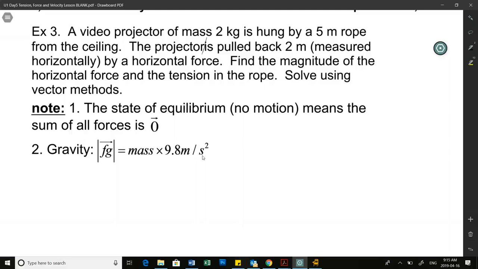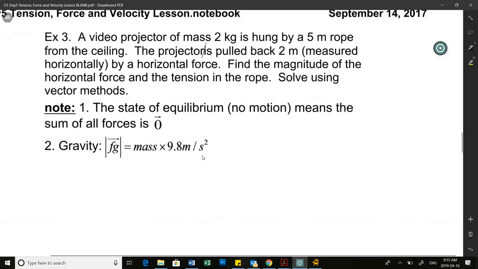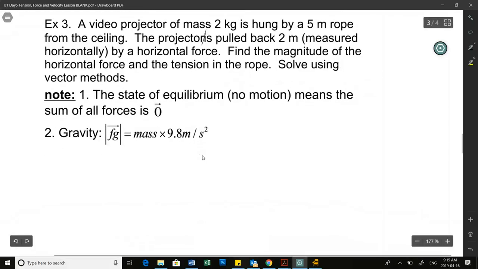Okay, so let's draw a picture of what's happening here. We have a 5-meter rope, so let's just say this is our ceiling here. We have a 5-meter rope, and it is holding our video projector. Then we get this horizontal force that pulls it.